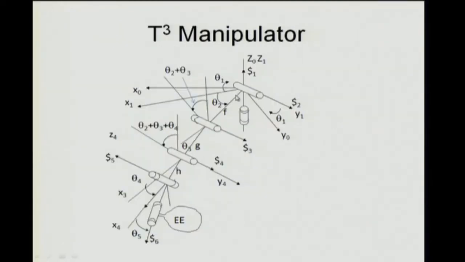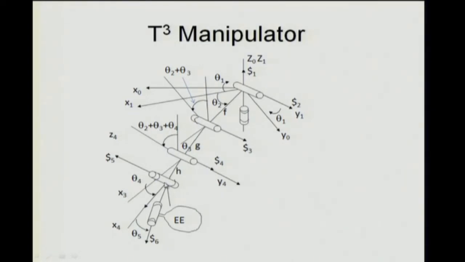Okay. So for example, we will take a T3 manipulator, which is a fairly common manipulator. It has this trunk rotation axis, then shoulder, three successive axes. Then you have this one orthogonal to this, and then this one. So it's like any other normal manipulator which you see.